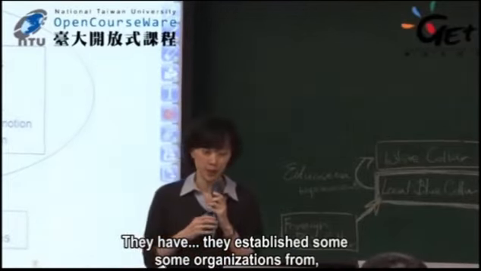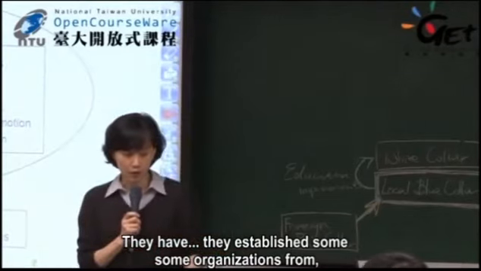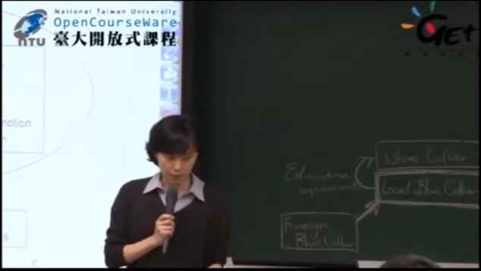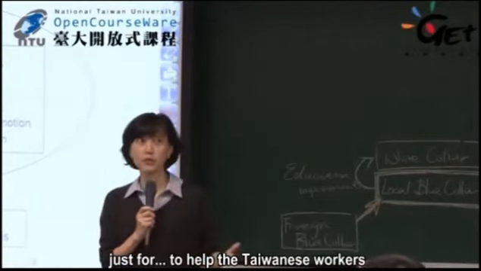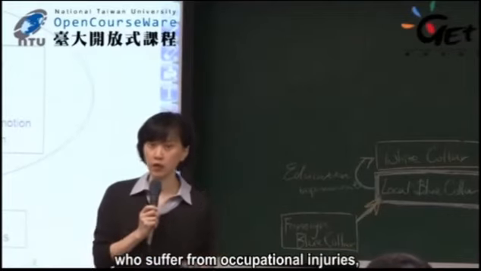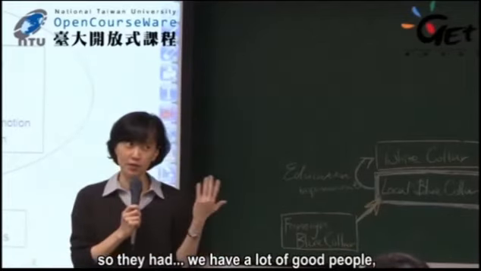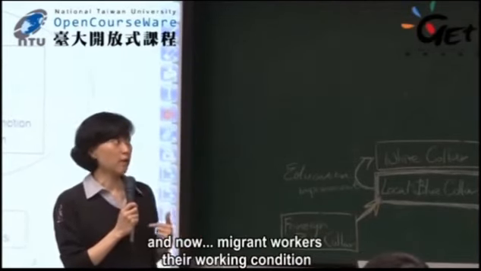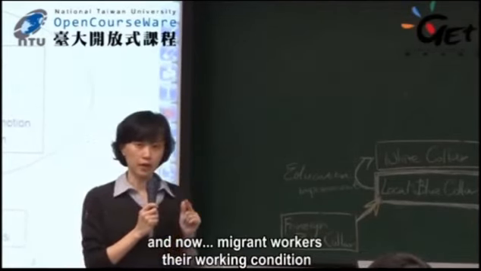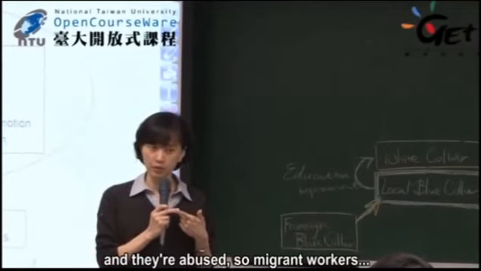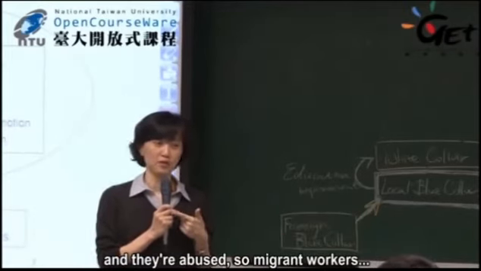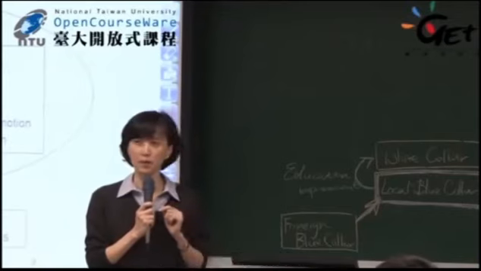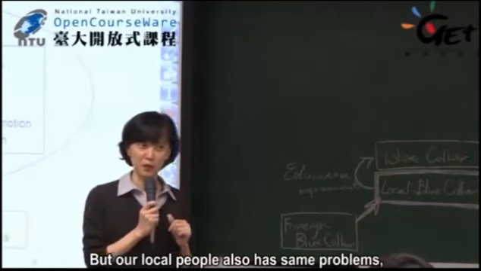They established some organizations just to help the Taiwanese workers who suffer from occupational injuries. So we have a lot of good people from Western countries. And now migrant workers' working condition and the abuse of migrant workers is really a big problem. Yeah. But our local people also have some problems.